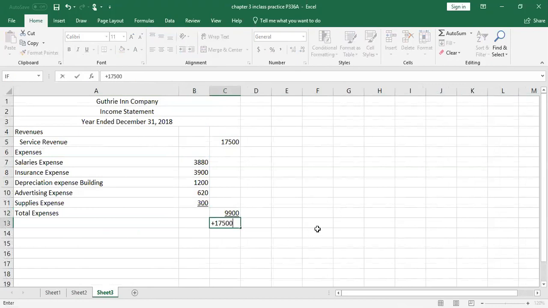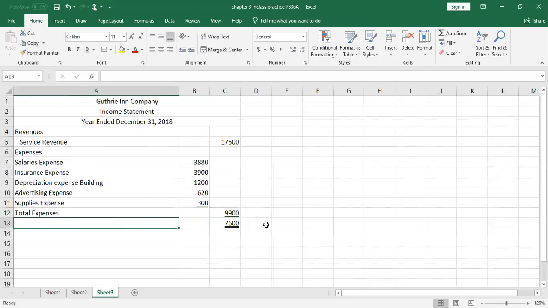I will then subtract the expenses from the revenue, double underline my result, and because it's positive, revenues are more than expenses, label it net income. Guthrie made a profit. Any questions?